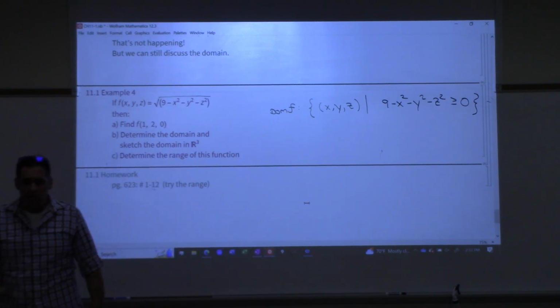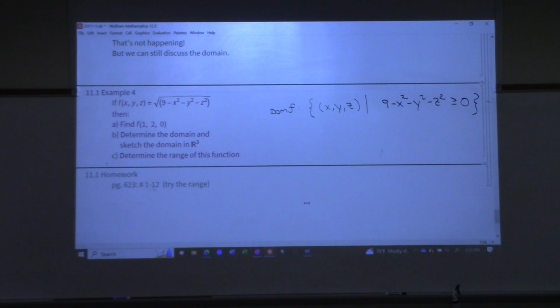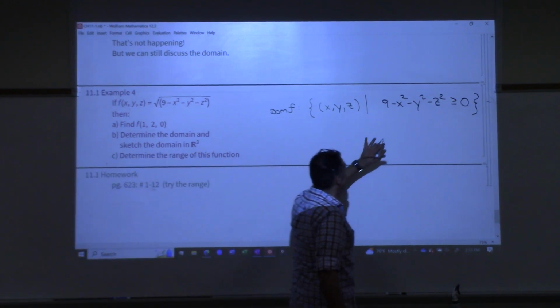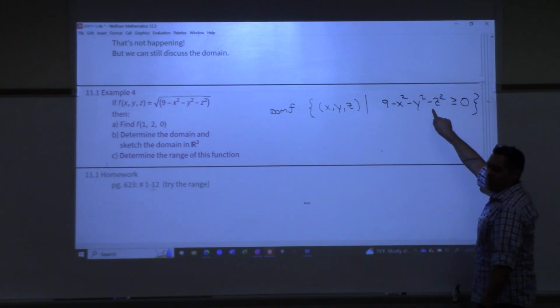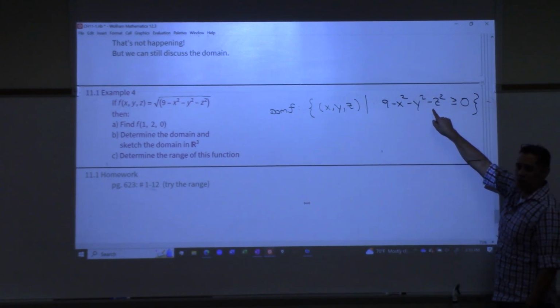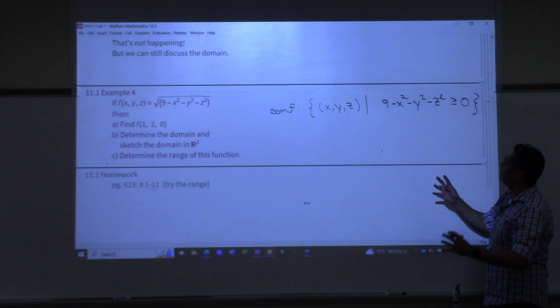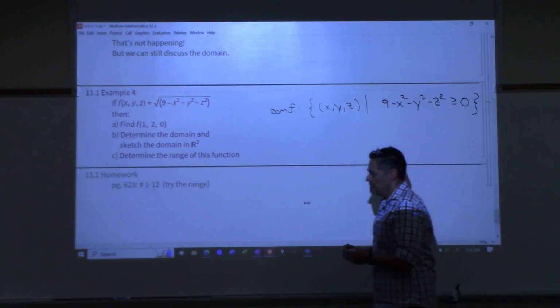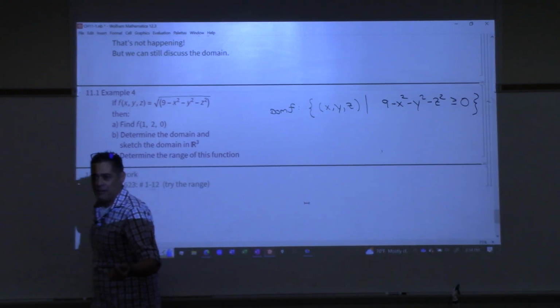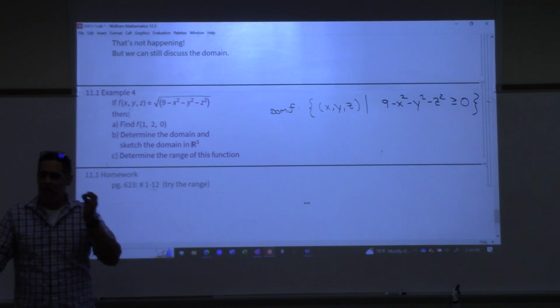So I need that radicand to be positive or 0. This is an inequality. How do we solve that inequality so we can graph it? What have we been doing? Set it equal to 0 first, figure out what that is, and then do a test point, and then shade.